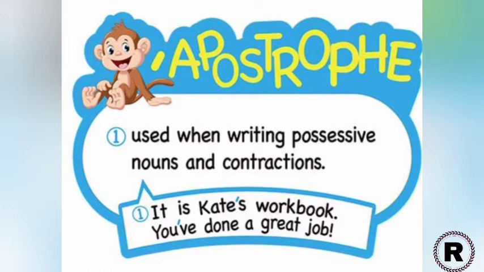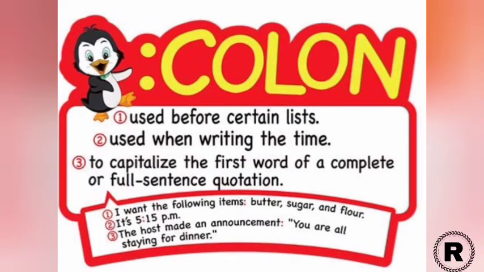So this could be you've done a great job. So in this way, the apostrophe is used in two places. First, when we have to show possession, and second, when we have to write contractions, the short forms.